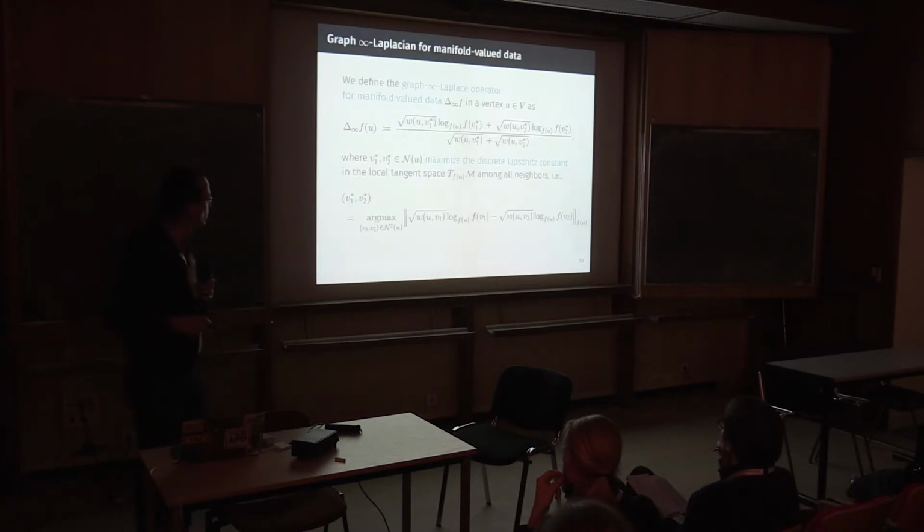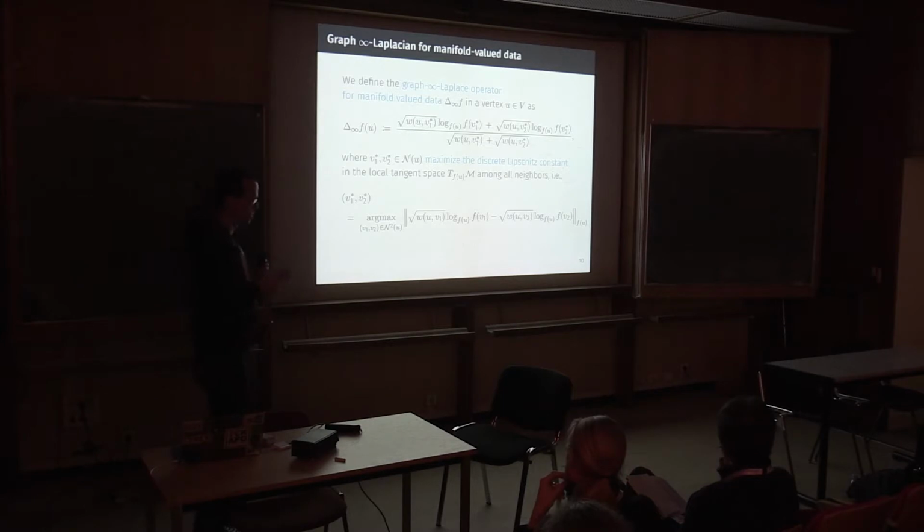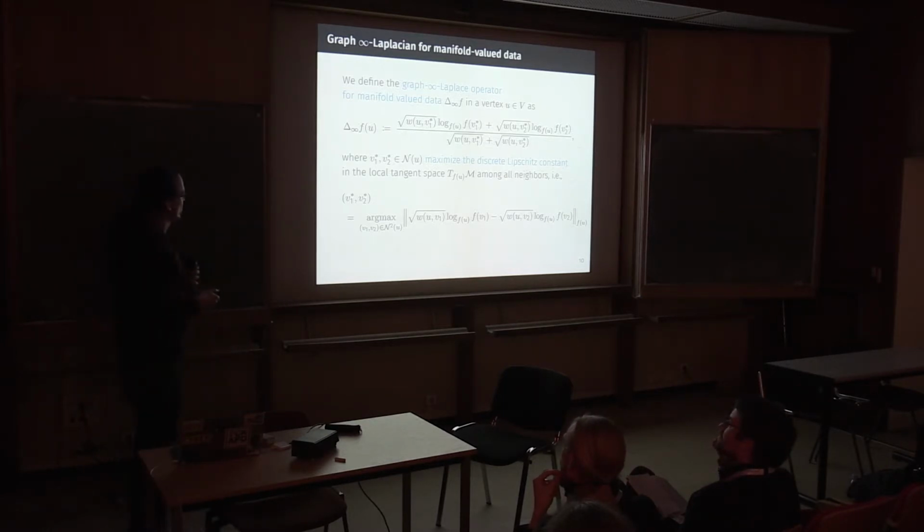With that idea, we get to the manifold valued graph infinity Laplace operator, which is quite long in name, but the idea is the same. We have down here the maximizing Lipschitz constant approximation, where the difference gets a log.